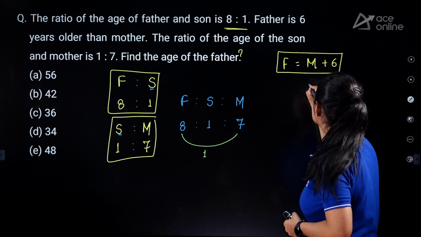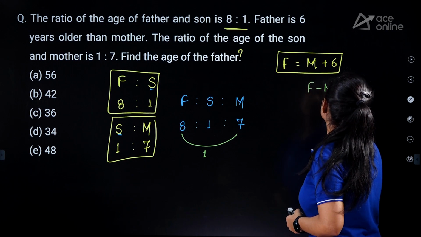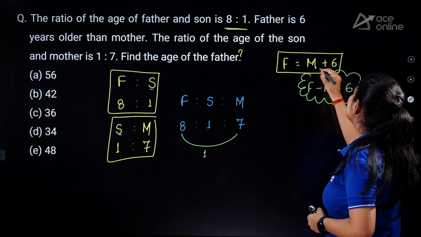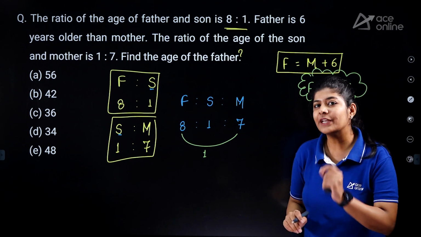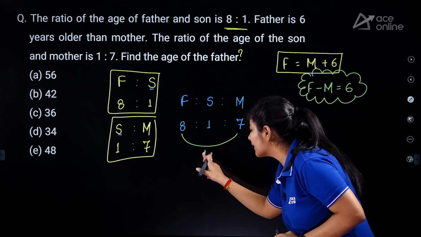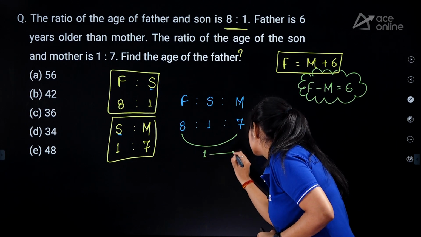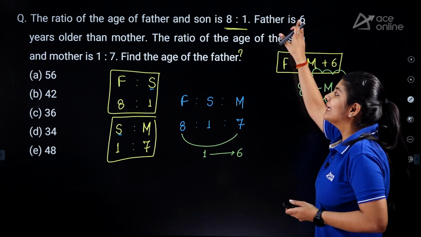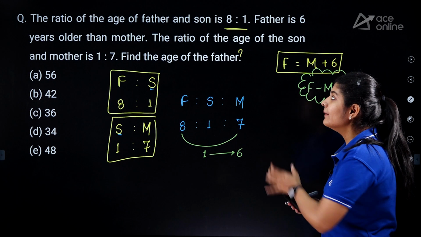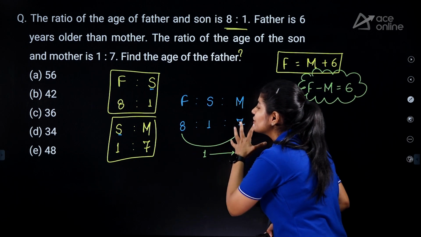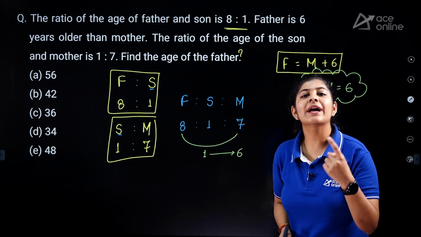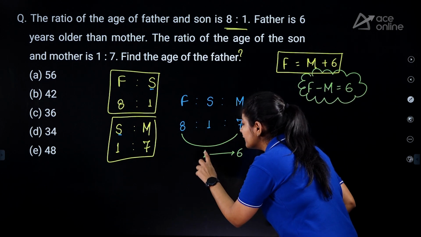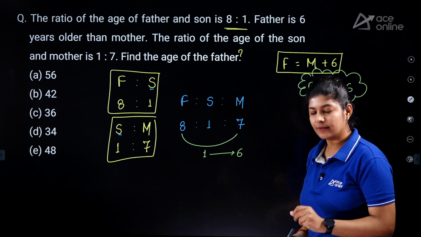According to the question, the value of this particular one equals 6, because the question says that father is 6 years older than mother. But here my ratio says that father is 1 year older than my mother. That means the value of this one is equal to 6, right?